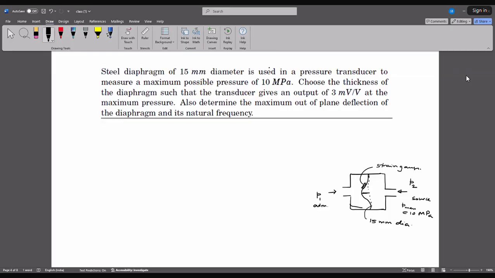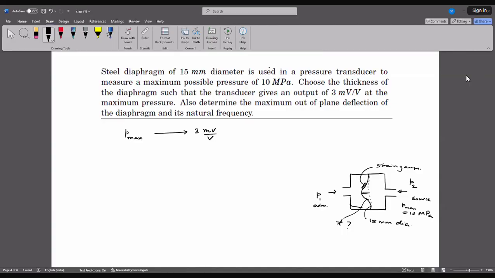So you're asked to find the thickness of this diaphragm T, such that the transducer gives an output of 3 millivolt per volt at the maximum pressure.